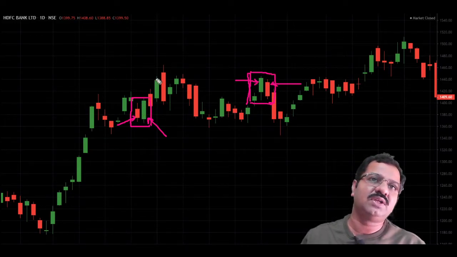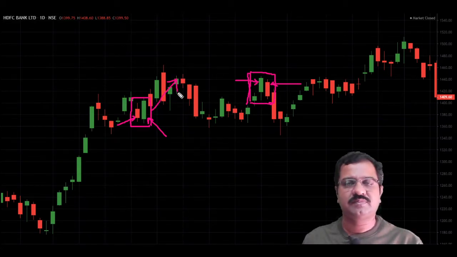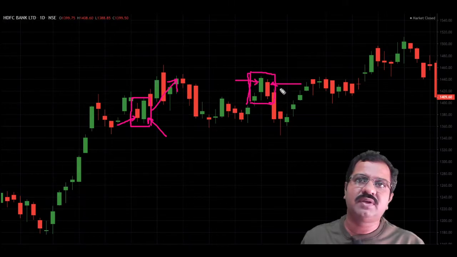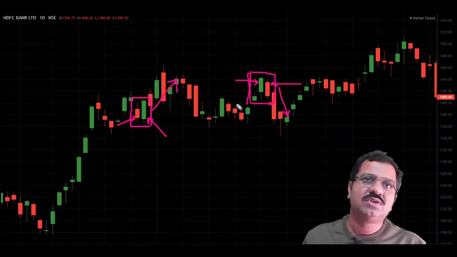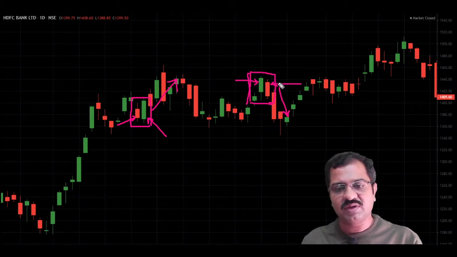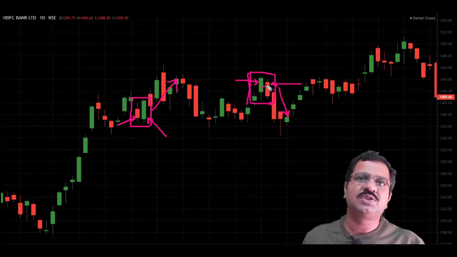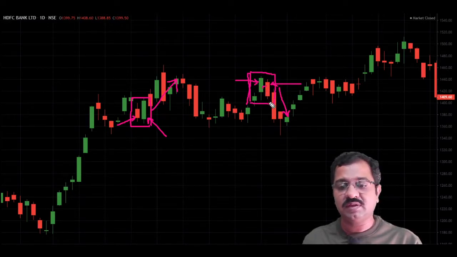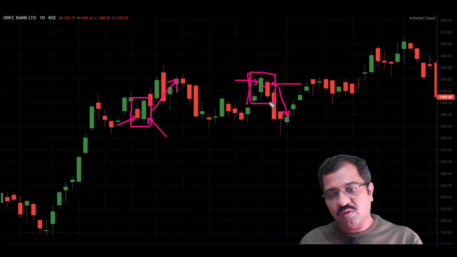You can immediately see the impact. See, after bullish engulfing there was some up move immediately. After bearish engulfing there was some down move immediately. So these patterns are reversal patterns. If such patterns are formed, then you can say that now the stock price may go in that direction.